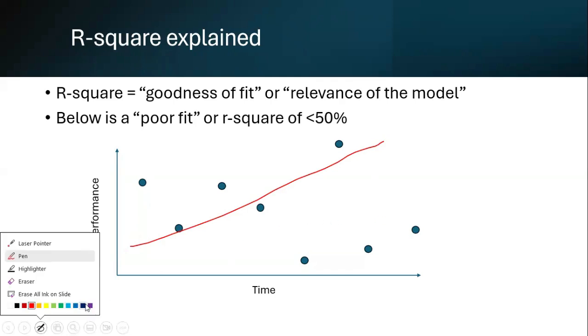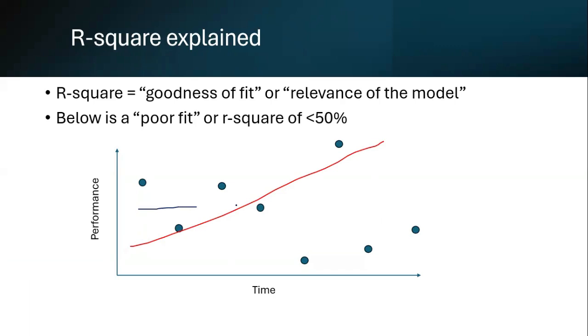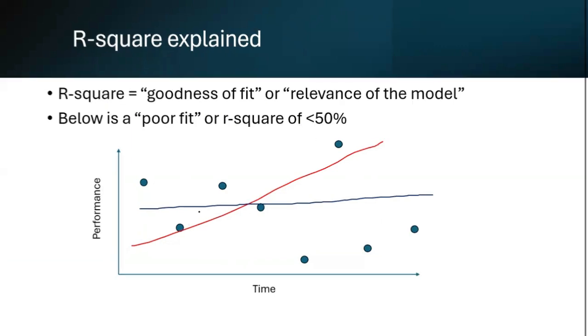In this case, it's sort of flatlined, or anything you draw really doesn't make sense of this pattern. So this is a very low R square. This is a poor fit model. So the R square would certainly be lower than 50%.